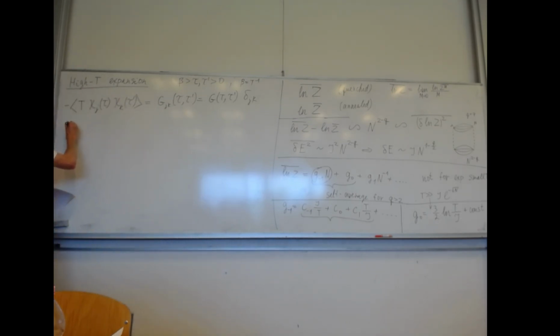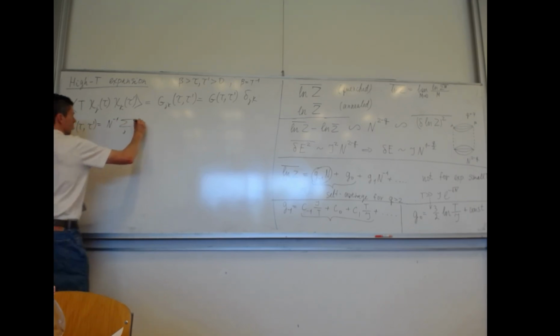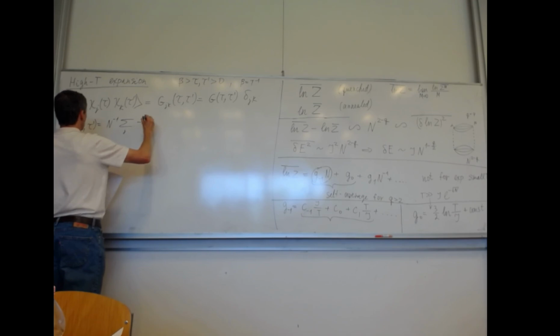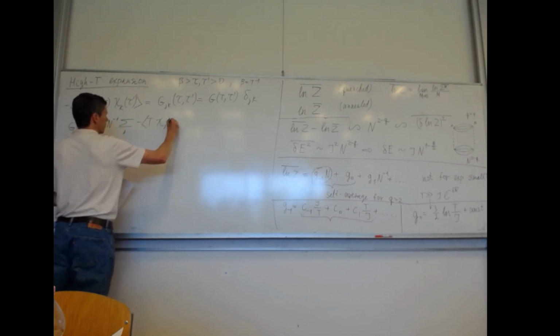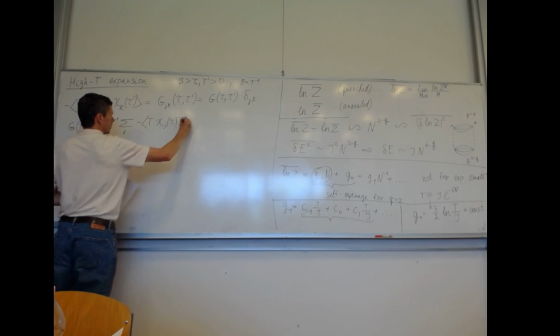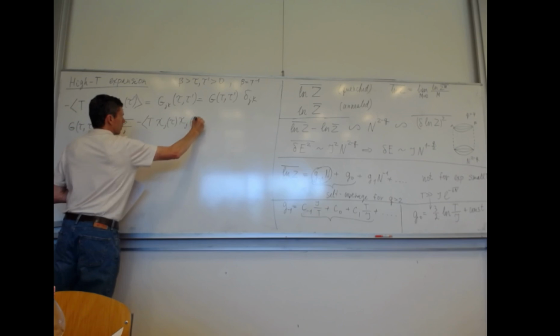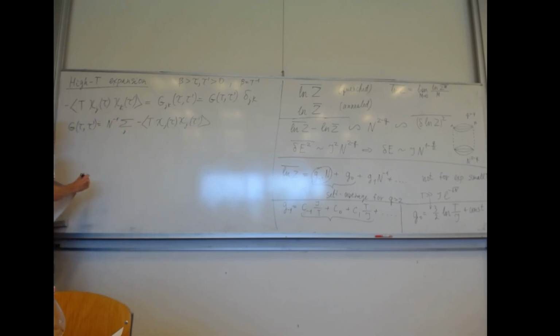So we can define G of tau prime as n minus 1 sum over J, or we can put a minus sign here.